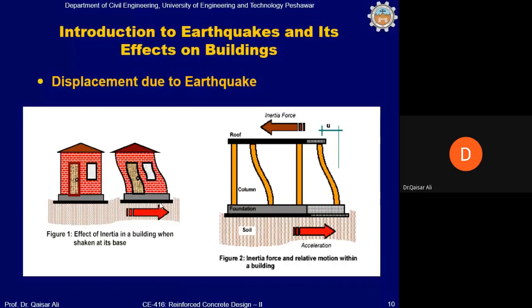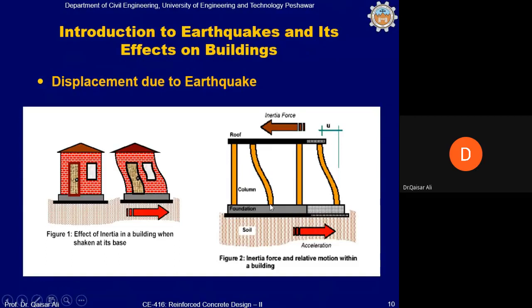On the right, there is another example where columns are attached to the roof and to the foundation. When the ground moves, the foundation also moves by the same amount as the ground, because the foundation is directly resting on the ground.